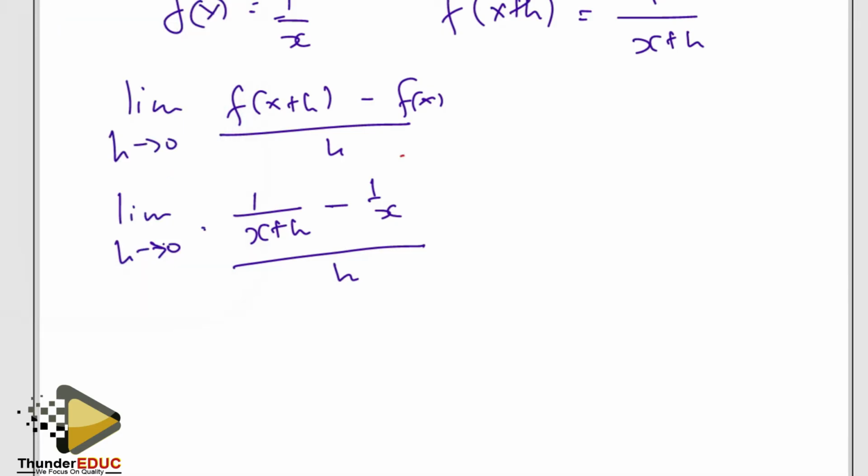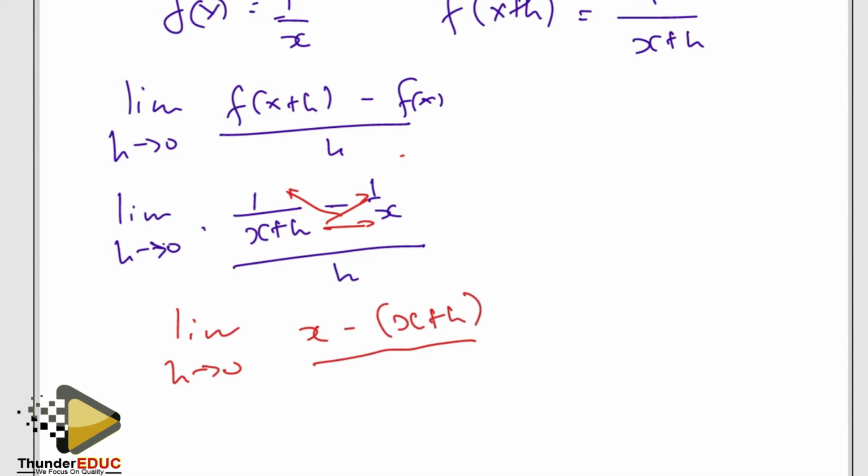I prefer using the crisscross. Okay, open that up. So I'm going to say limit as h tends to 0, that's going to be x minus this bracket x plus h over this x plus h into x. Why don't I just open it up once? Okay, so that's going to be x squared plus xh, this and that.